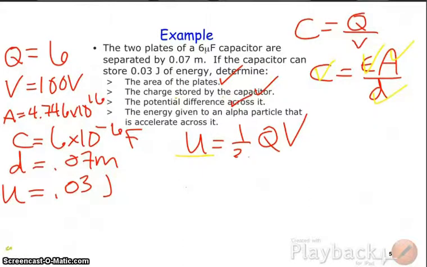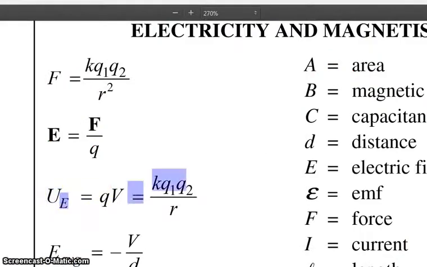So change in energy. Now this goes back to last lesson, where we looked at the energy of an alpha particle that is accelerated across it. So we know our V, and we're looking for our change in energy, how much energy we got.